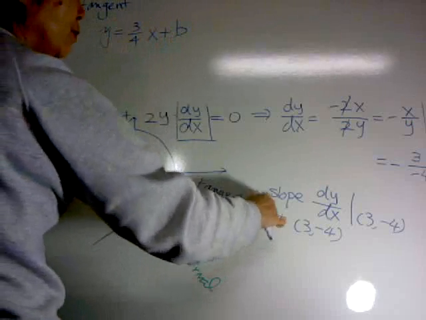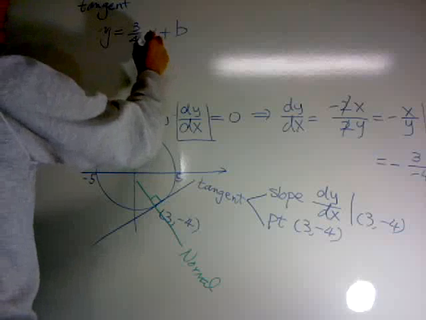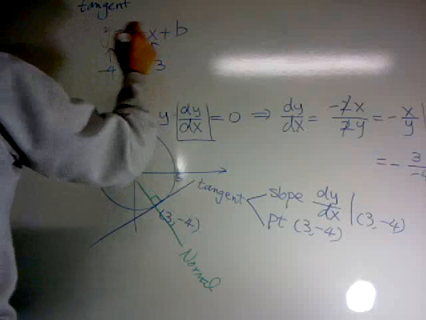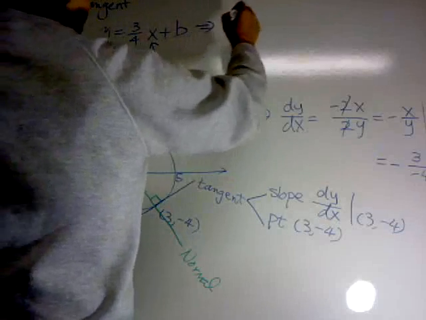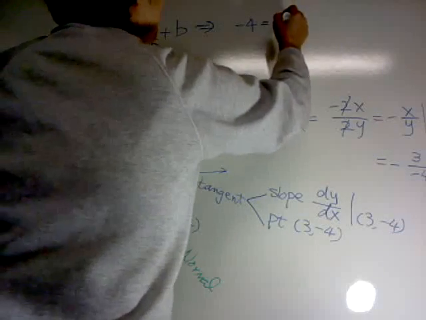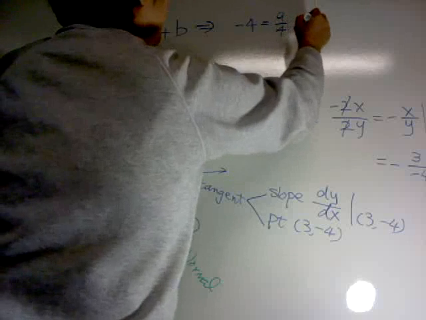Now we plug in the point of tangency (3, -4). That gives you negative 4 equals 9/4 plus b.